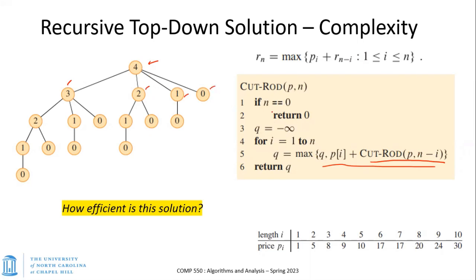So it's going to look at those 4 solutions. But when you call cut rod with n equal to 3, it's going to look at a solution for 2, 1, and 0. And similarly, you can see that there is a whole bunch of repetitions. So can somebody point out where all the repetitions are?